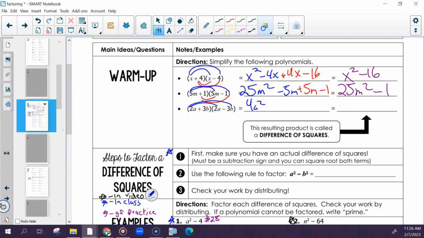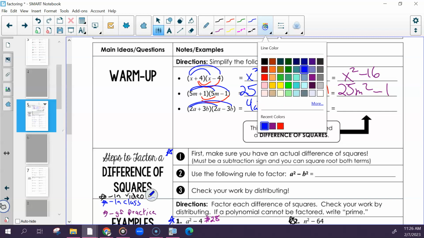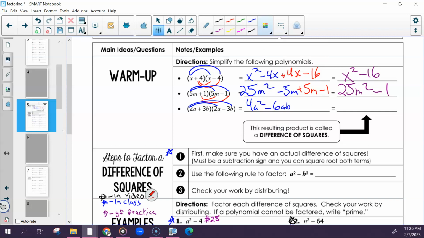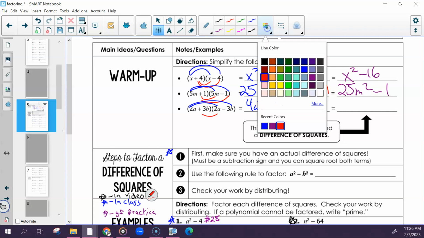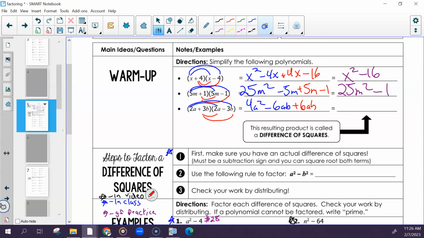Negative 6ab. 3b times 2a. So whether you put AB again or BA does not matter. You're still going to end up combining them. And then 3b times negative 3b.